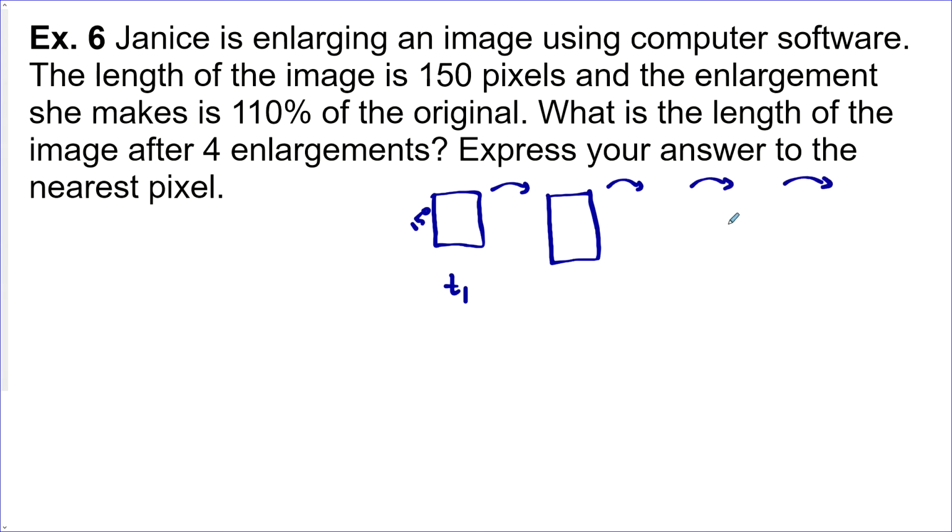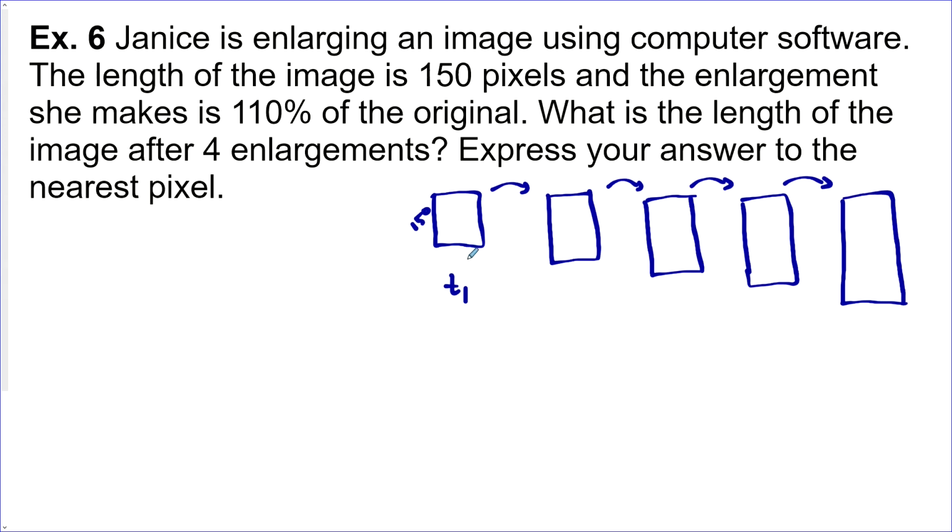So there's our 4 enlargements, and each time they are 110% of the previous. And obviously I'm not drawing this to scale, but just to give you an idea. Now if this was term 1, then we'd actually be looking for term 5, because that will give us 1, 2, 3, 4 enlargements to get to term 5.